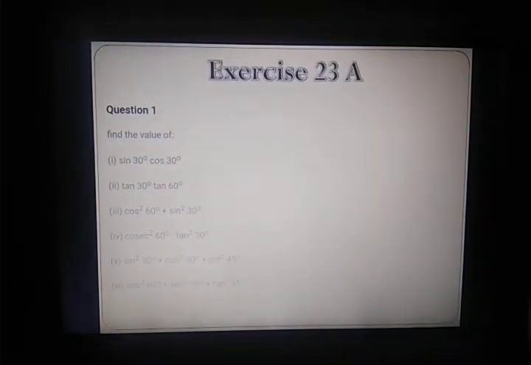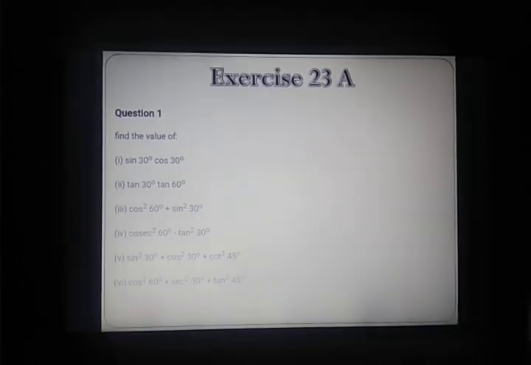In exercise 23a, the first problem says find the value of these particular things. Let me take the first problem. We have sine 30 degree and there's no sign, which means there has to be a multiplication: sine 30 degree into cos 30 degree.